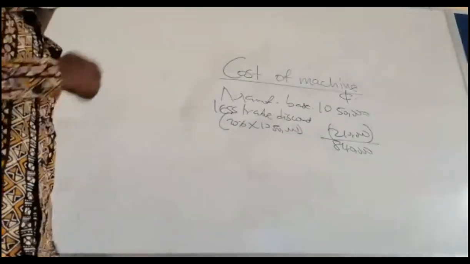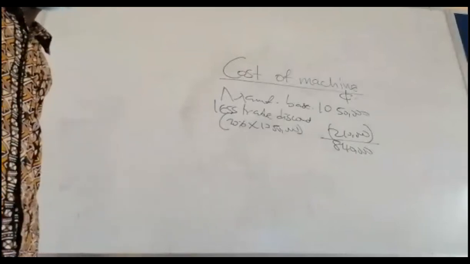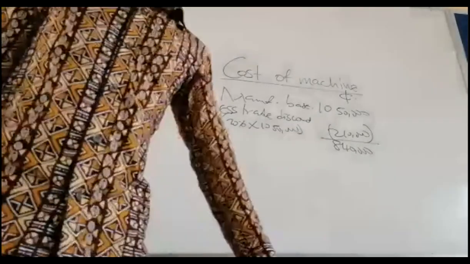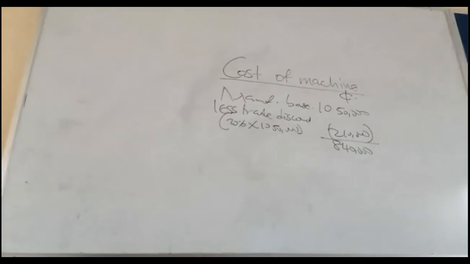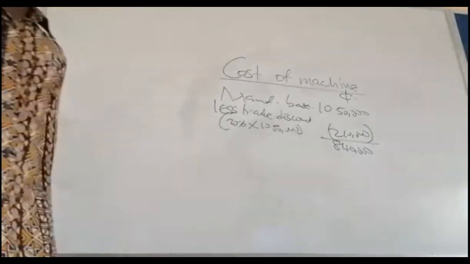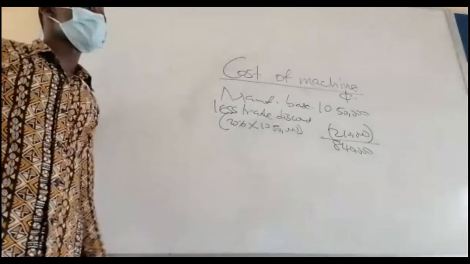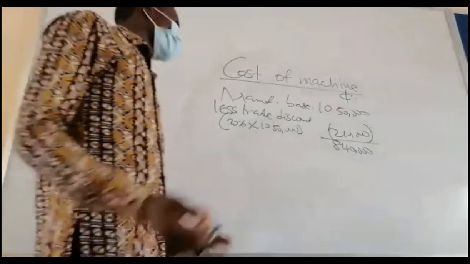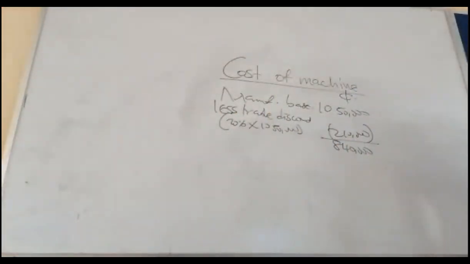However, tell us where we are going to treat it. Well, it will be part of the other income of the entity, or we can net it off against the operating cost. You can write it off as a gain in operating cost. So we subtract it from your operating cost. Good. So that is the treatment of that one.